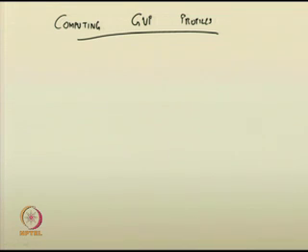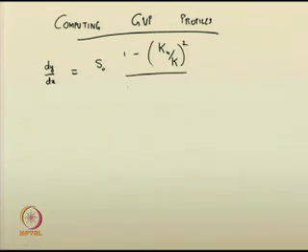So, let me recall the dynamic equation for gradually varied flow. dy/dx is equal to S0 times (1 minus (Kn/K) whole squared) divided by (1 minus (Zc/Z) whole squared).